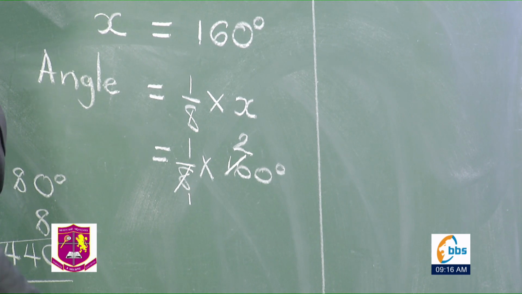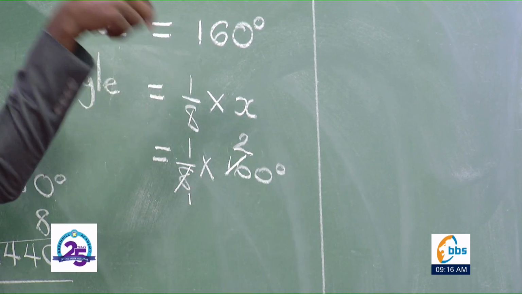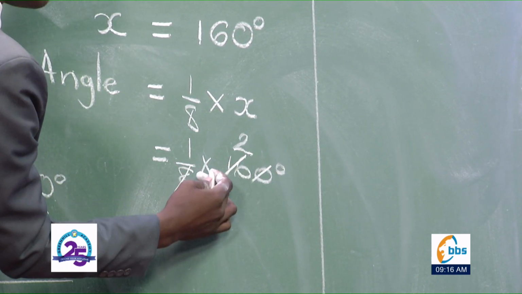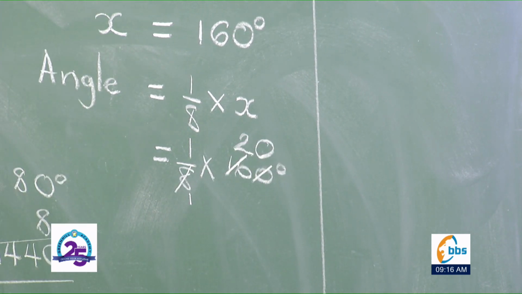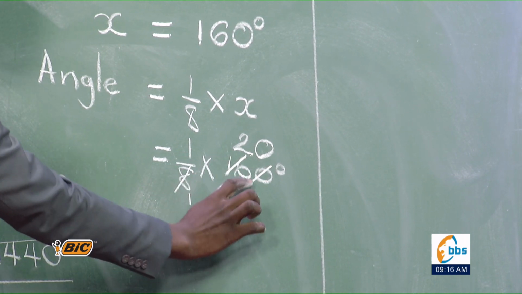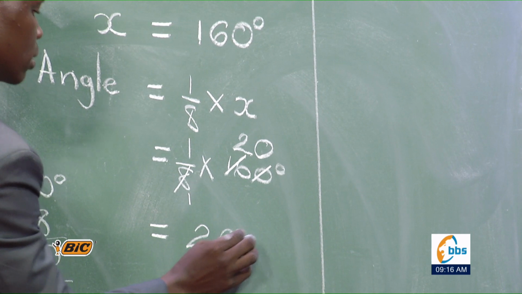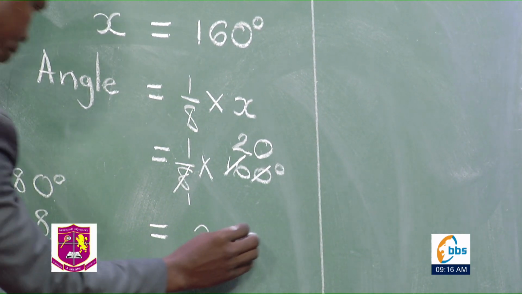There is nothing that remains. Then in front there we have a 0. 0 also divided by 8, cancel it. 0 divided by 8 is 0. Therefore, our angle becomes 1 times 20 degrees, we shall end up with 20 degrees.